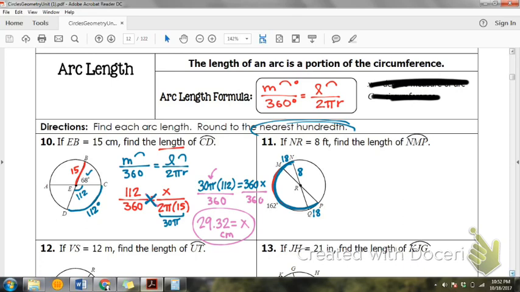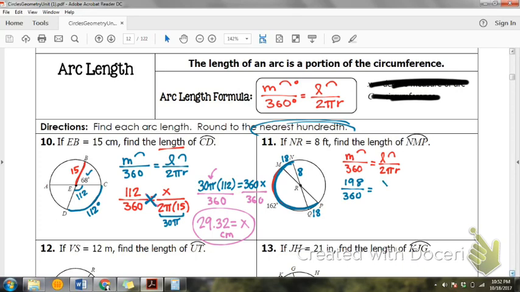So going back to our formula, measure of the arc over 360 equals the length of the arc over 2 pi r. So the measure is going to be 162 plus 18 again. So the measure of that whole big thing is 198 over 360.